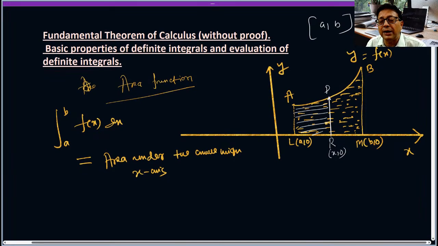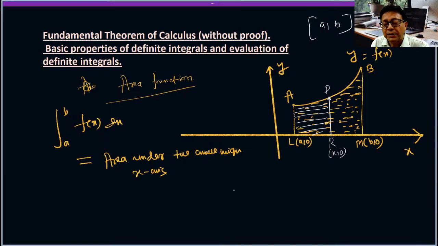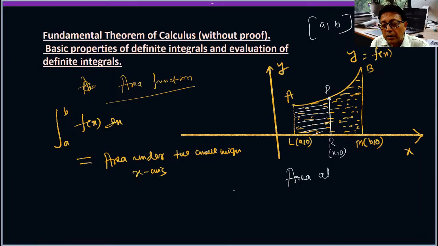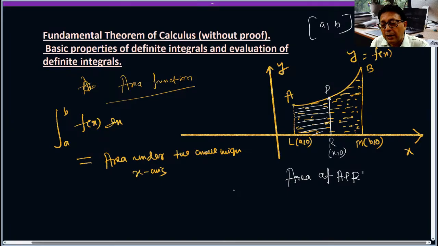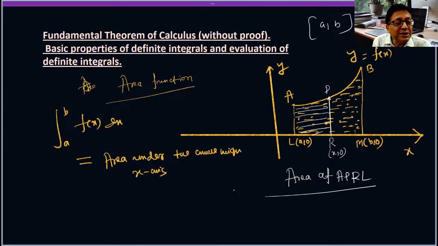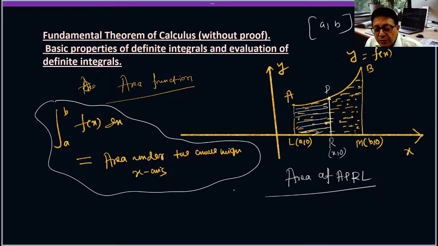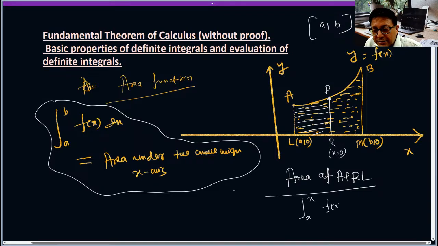The area of APRL, by this definition, since A to B f(x) dx equals the area, is going to be A to x f(x) dx. The function is f(x), it is A to x f(x) dx.